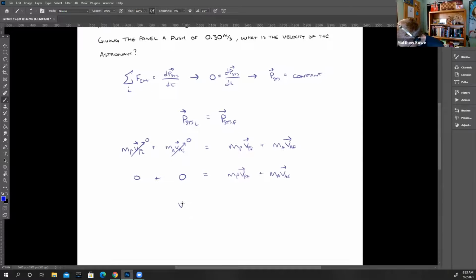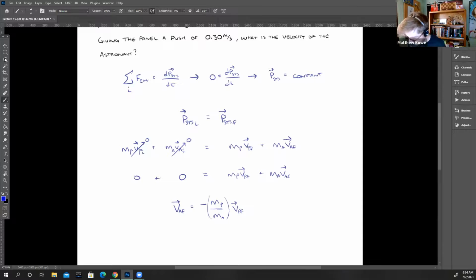We have the velocity of the astronaut is equal to minus mass of the panel over mass of the astronaut times the velocity of the panel, final.